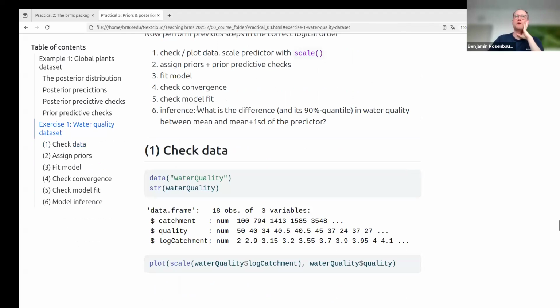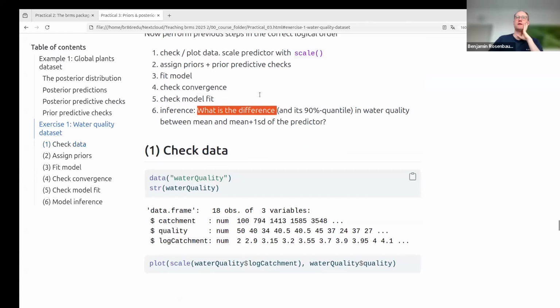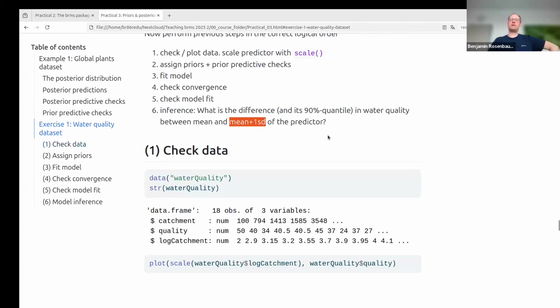But you can also check the difference in water quality between the mean and the mean plus 1 standard deviation of the predictor. So this is the mean, and this is a bit further out, a bit further downstream. And check if the difference of these predictions is meaningful, which means that it is not zero, so it's negative or positive.